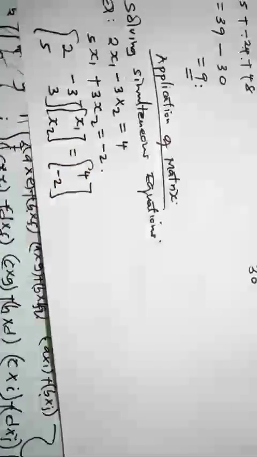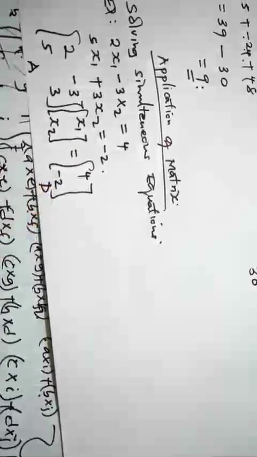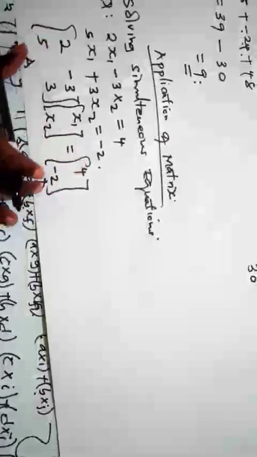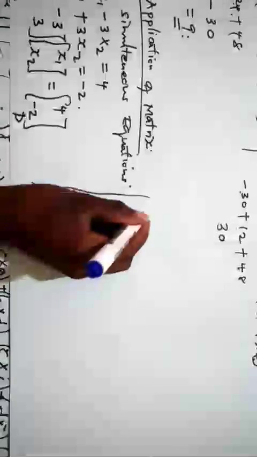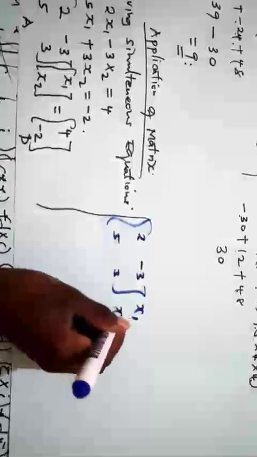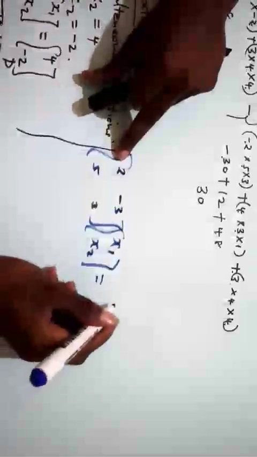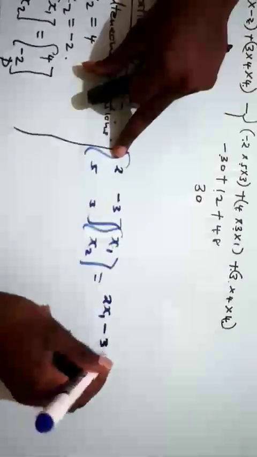In advanced mathematics, what we call this matrix, we call it A, and this one is normally called D. So in your books, you are going to meet an A and D matrix. This is what they are developed from. And when you look at this thing, let me show you something. Let me use another pen. So when we have 2, negative 3, 5, and 3, and then we are talking about x1 and x2, in simple terms, what we mean is that we can take 2x1, then minus 3x2.